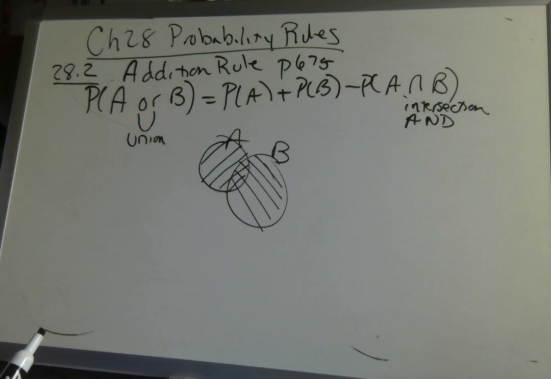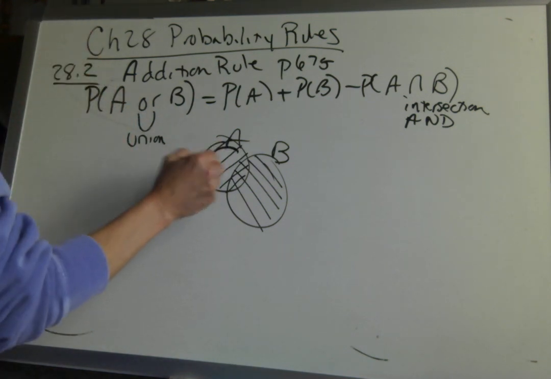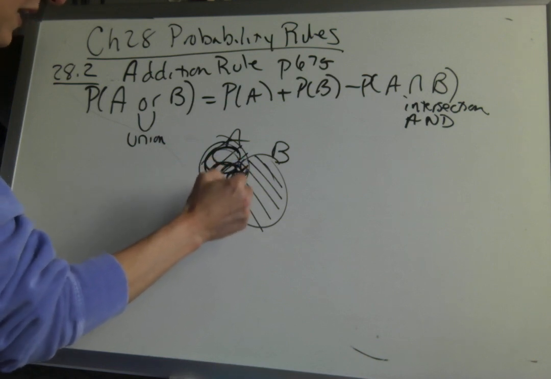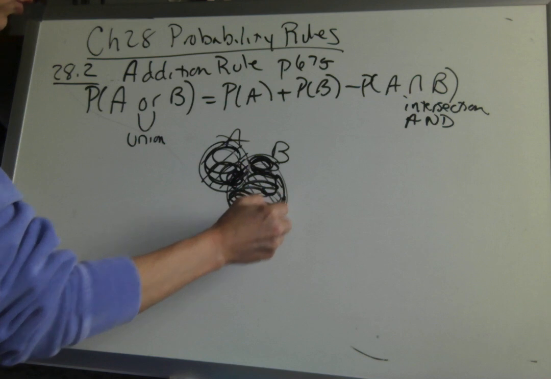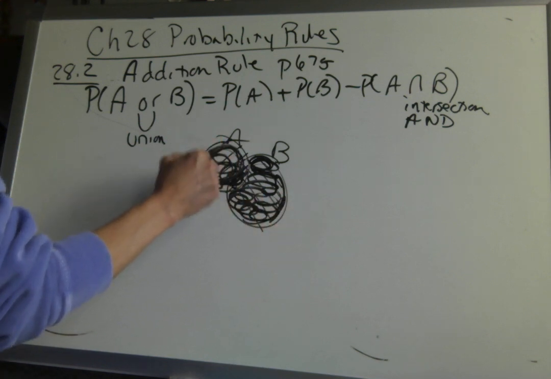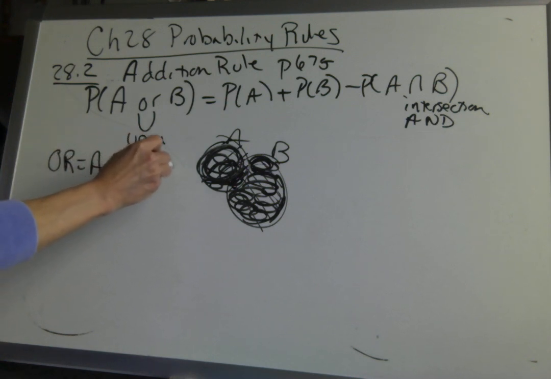That's why we subtract it off. So basically, A or B is what I call the entire snowman, including his middle, including his belt or his waist. A or B or both.